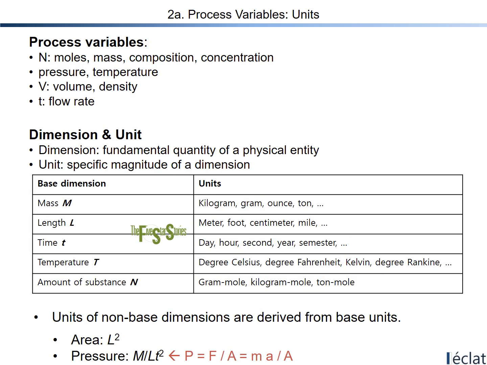Okay, so there are a lot of things required for completing the flow diagrams, and the first thing we need to have is process variables. Let me change the pen into a laser pointer. Process variables. So here we have four different process variables: number related variables, and pressure, temperature, volume related variables, and time related variables.